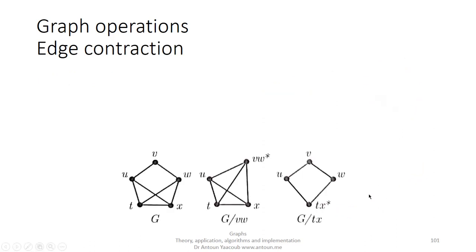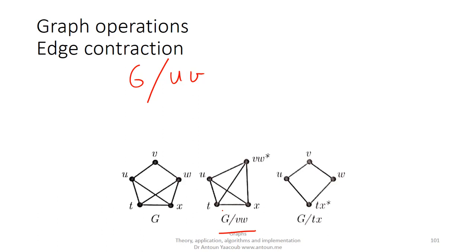We have also the edge contraction. Whenever I have a graph, I can contract edges. I will replace an edge with a vertex. The notation is like this: G bar, UV, to say that I'm contracting the edge UV. So we remove both vertices U and V, as well as any edge incident with them, and then insert a new vertex, and we call it with a star.